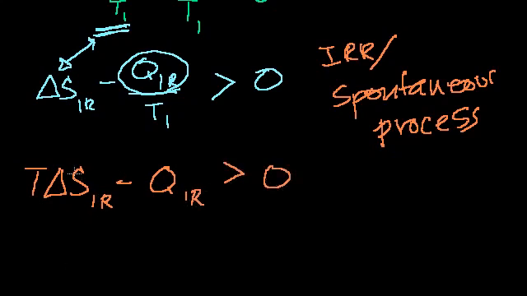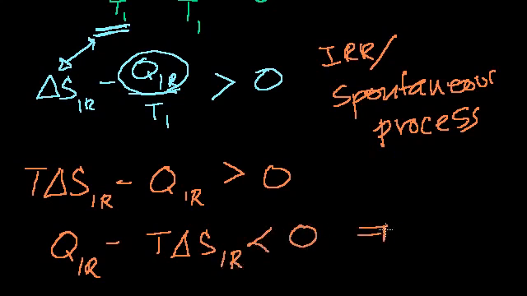Now let's multiply both sides by -1, and remember, this is true for any irreversible spontaneous process. You get: the heat added to the irreversible process minus T times delta S of the irreversible process is less than 0.